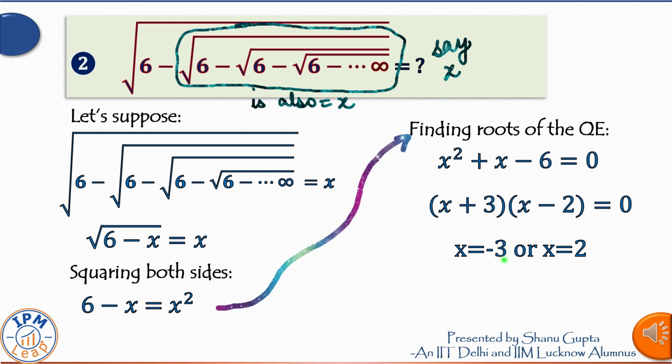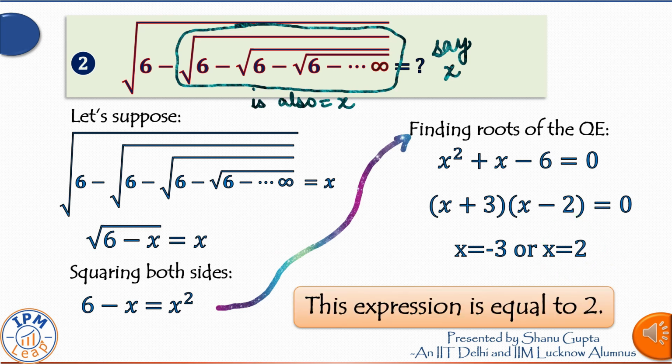We know that is not possible because in our original equation, we had a square root of something which is always positive. So if x minus 2 is equal to 0, then x is equal to 2 and that is our answer. Please note a very important point here.